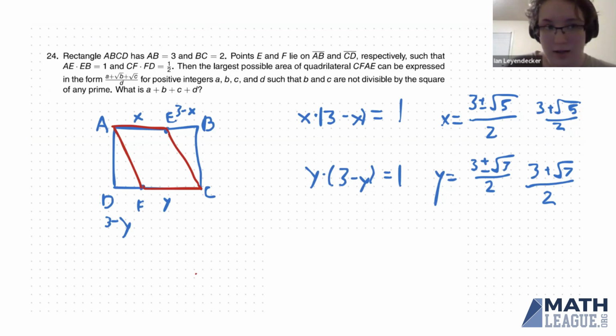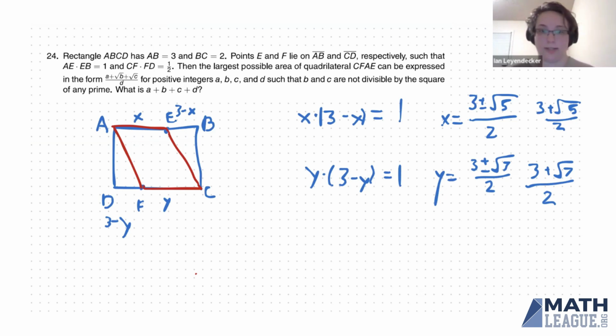Now, then our areas. Notice that the area of our desired quadrilateral is going to be the area of the full rectangle minus these two triangles that are not included in our quadrilateral.